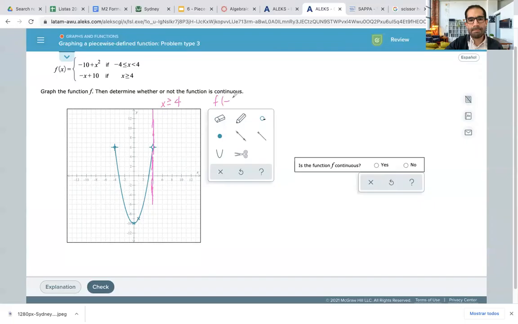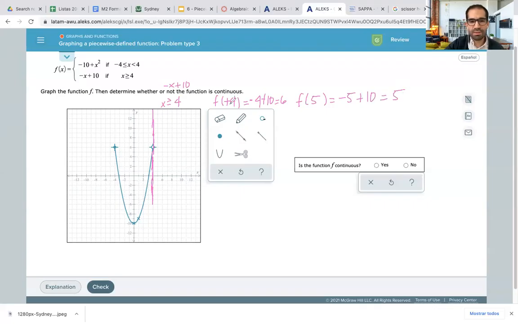You could use minus 4, and it works with the function minus x plus 10. Or you can use positive 4 or 5. So if you use 4, it's going to be minus 4 plus 10. That's 6. And this is going to be minus 5 plus 10, 5.